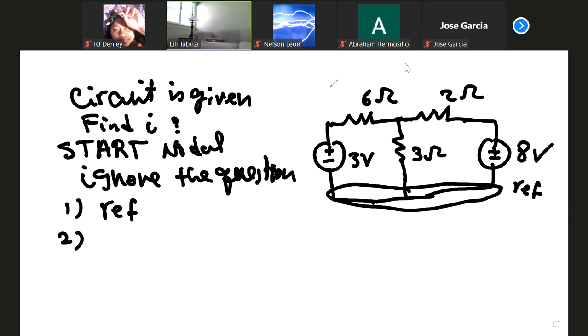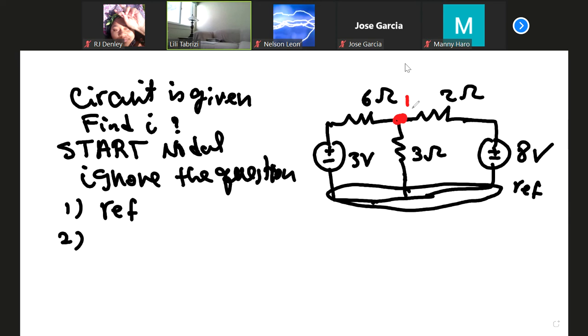Carl, how many essential nodes? I only see 2. Which 2? I mean, except for the reference. Oh, just one. An essential node is a node that has 3 or more elements connected. Let's call it node 1. You can either use alphabetical A, B, C, D, or numbers 1, 2, 3.